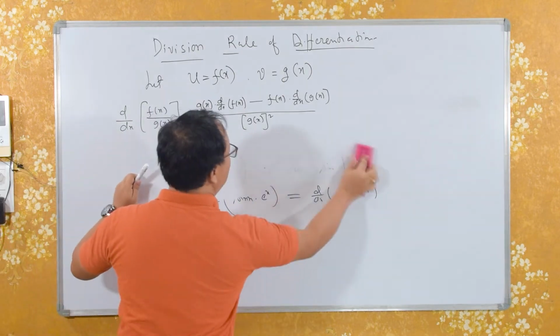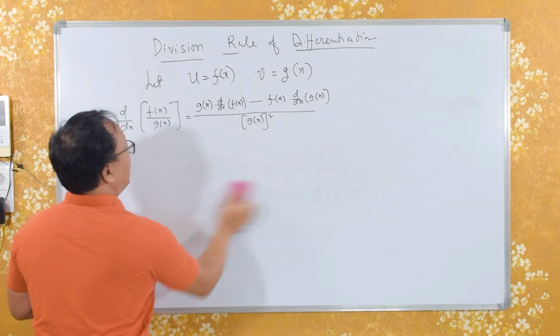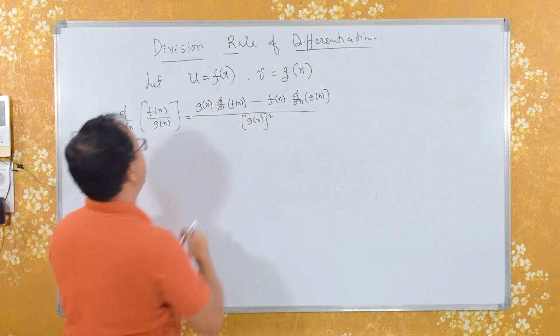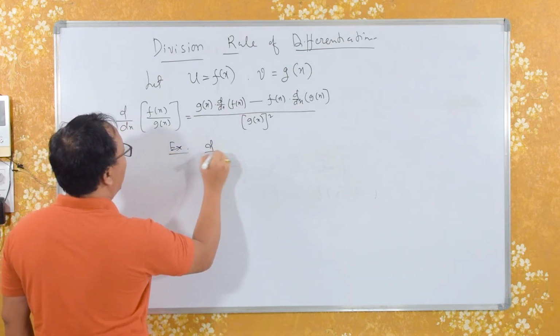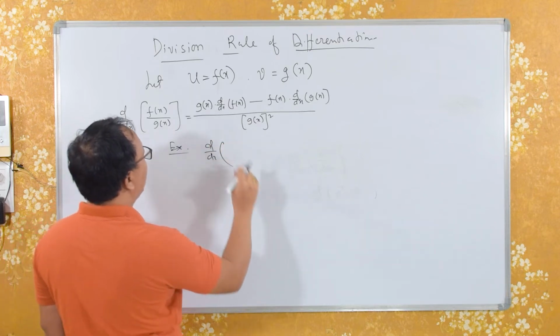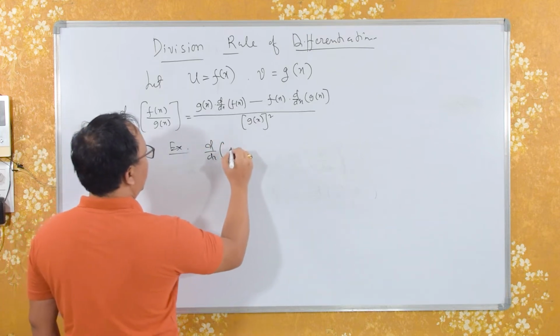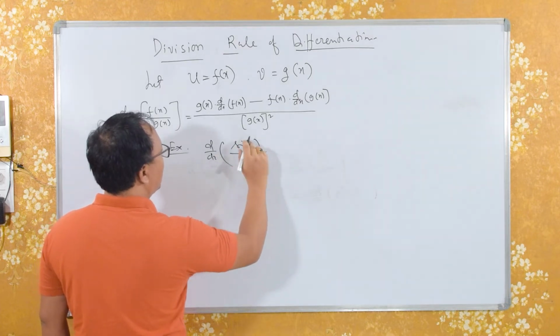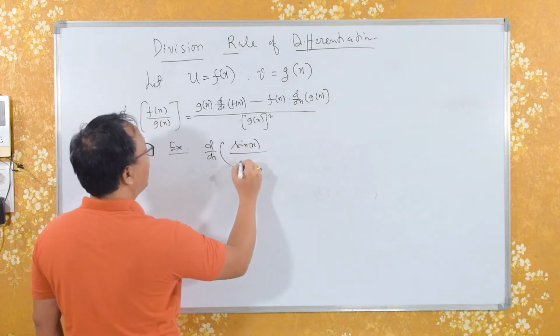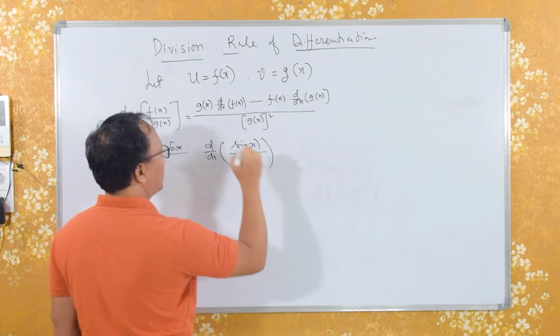So let's take an example for this division rule. Say d by dx of sine of x upon e raised to x.